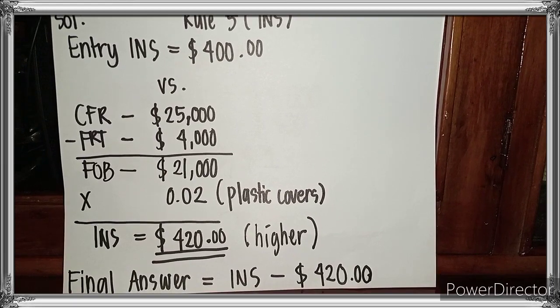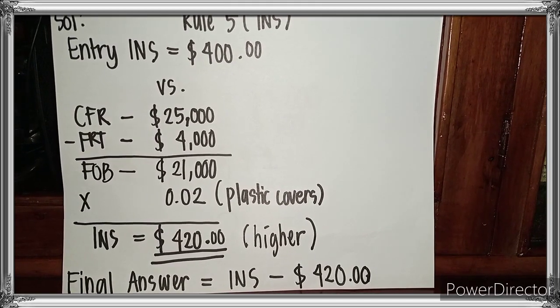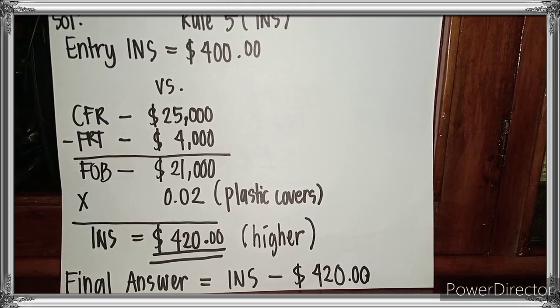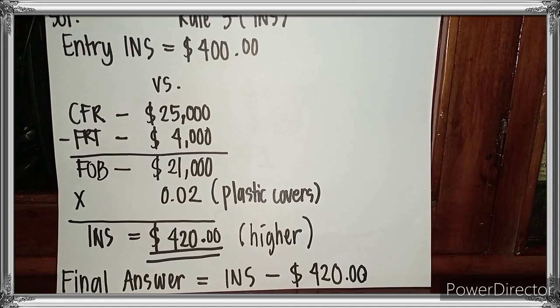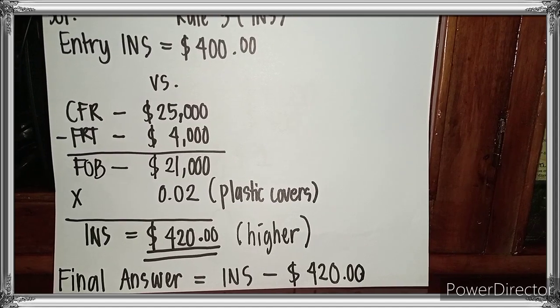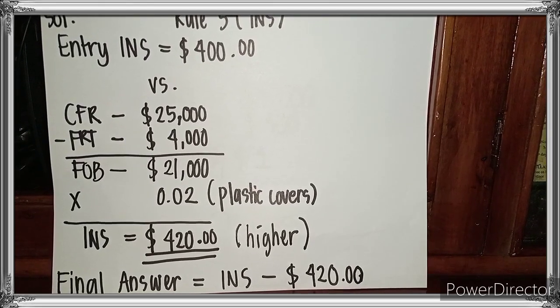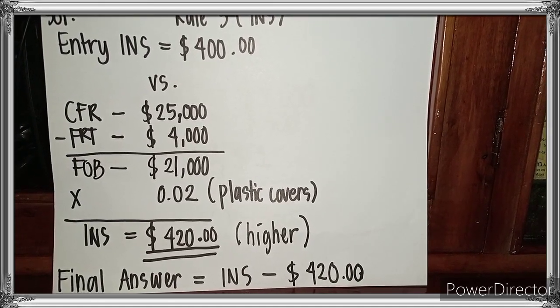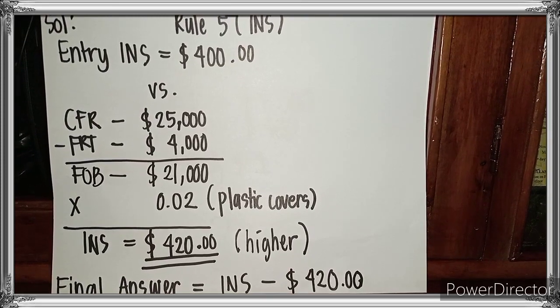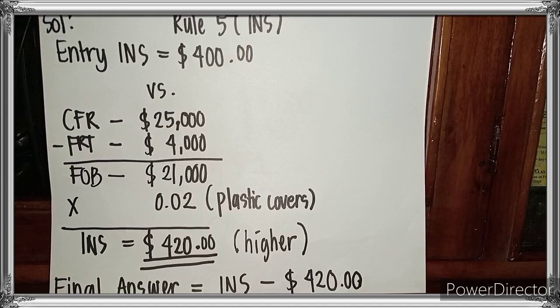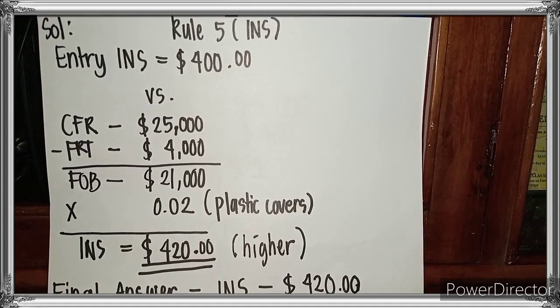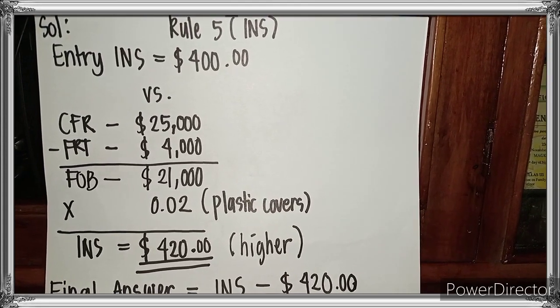After that, we apply the general rule, whichever is higher: entry versus the 2% or 4% value. $400 versus $420, the higher one is $420. And now we have the final answer for insurance of $420.